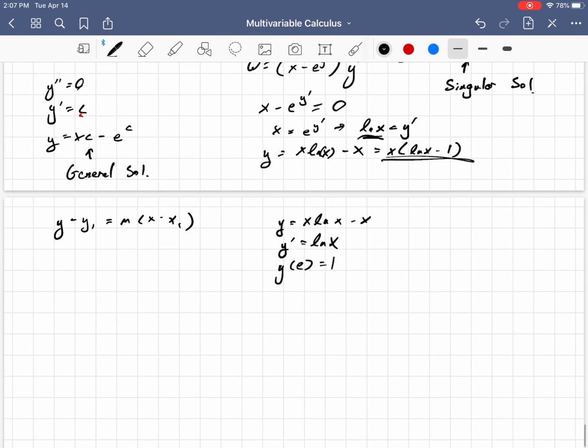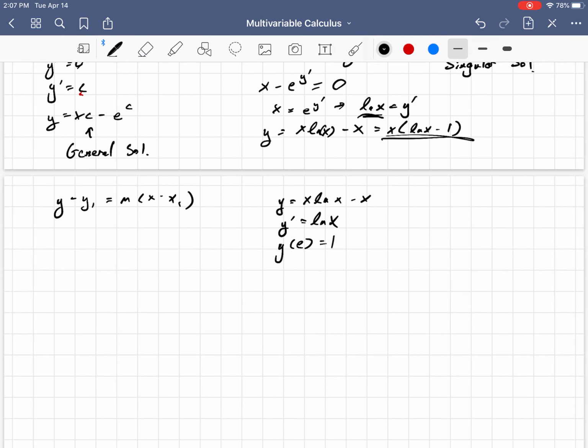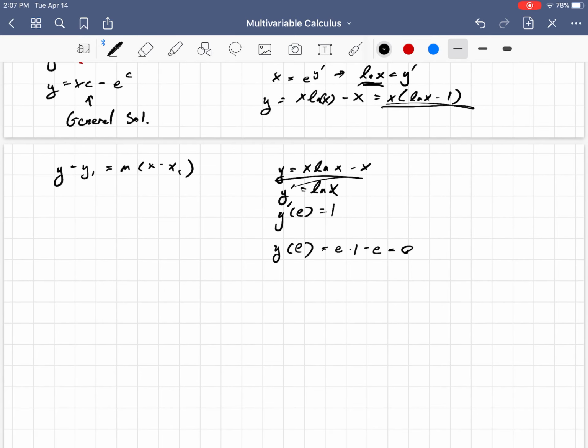And at the point we're considering, the x coordinate is 2.718, we're considering x equals e, and y then would be, if we plug into the original function, e times 1 minus e, or just 0.